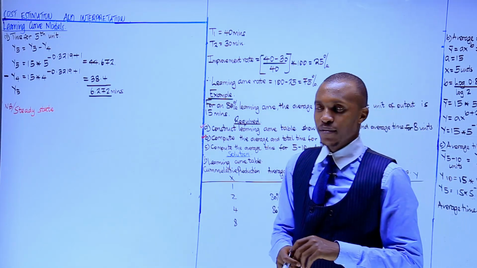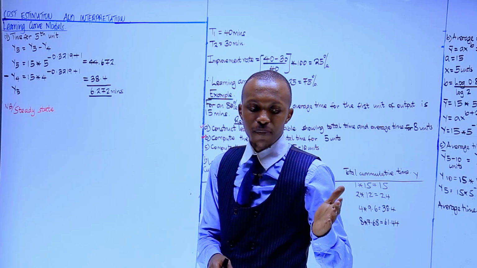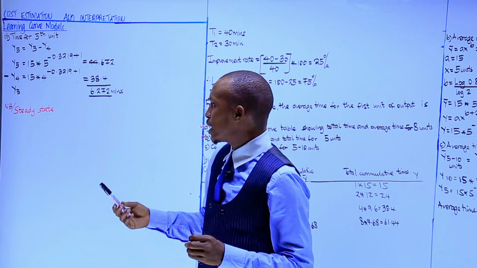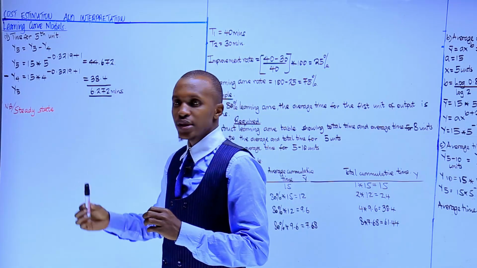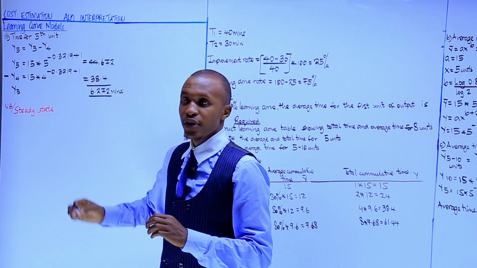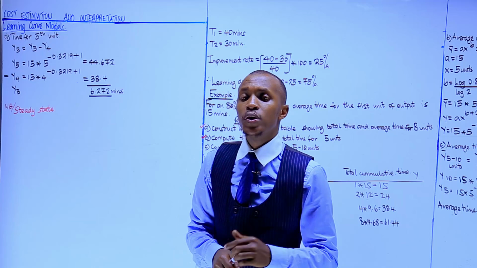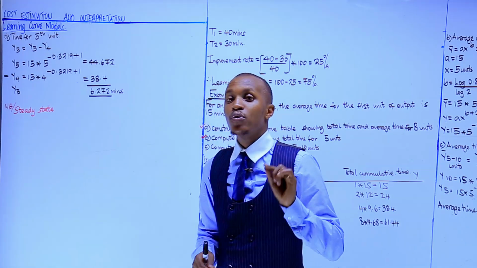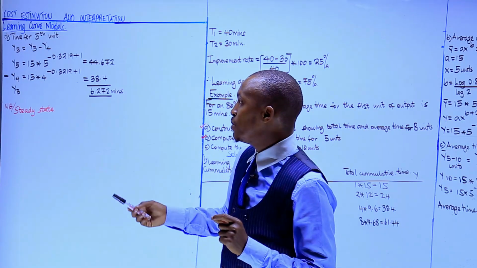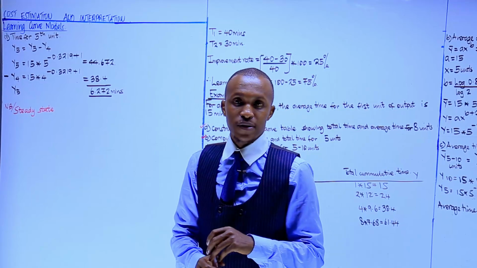This is what I mean when they tell us that the steady state applied from the 5th unit. You calculate the time of the 5th unit, which in this case is 6.272 minutes. Then all the subsequent units will take 6.272 minutes per unit.